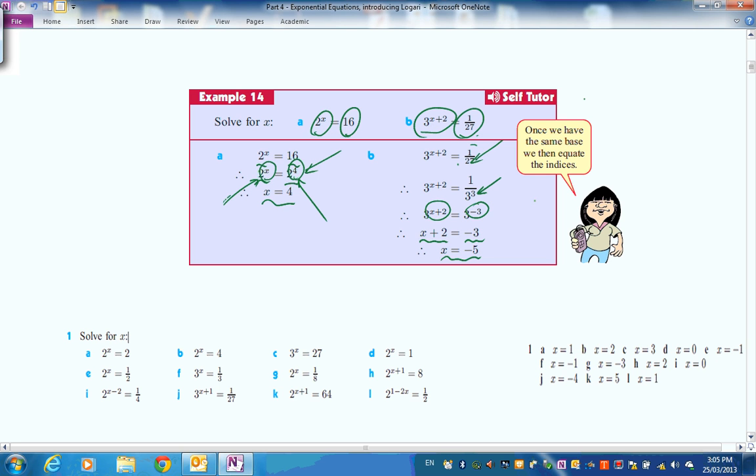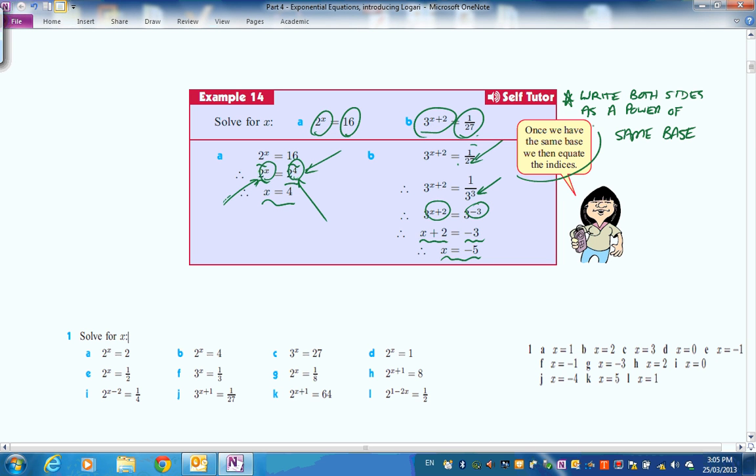Alright, so can you see a crucial step is write both sides as a power of the same base. That's what we're going to do in each of our problems later on. We're going to develop some techniques including use of logarithms, but that's the same notion.